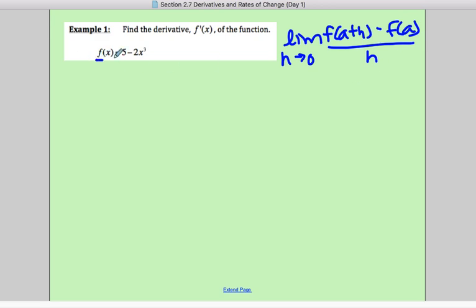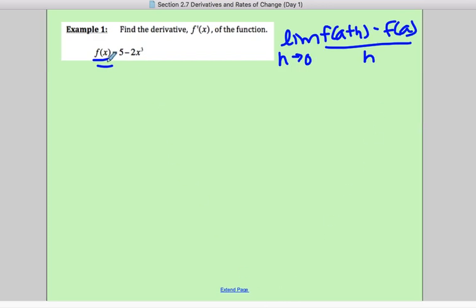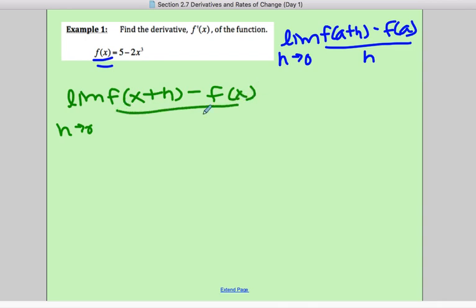Since I am given f of x, I am actually going to write the definition using x's instead of a's. Okay, so you should be able to change this up. If I am given the function with x's, I can still do the limit as h approaches 0 of f of x plus h minus f of x all over h.